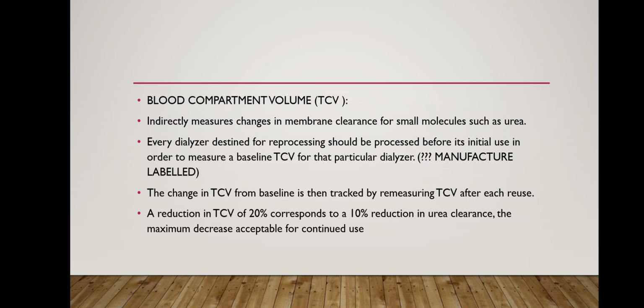The change in TCV from the baseline is then tracked by remeasuring TCV after each reuse. A reduction in TCV of 20% corresponds to a 10% reduction in clearance, the maximum decrease acceptable for continued use.